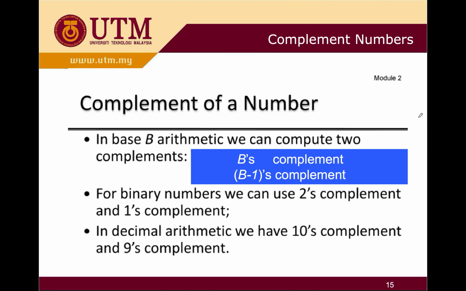So this is under complements of a number in base B, whether it is base 2, base 10, and etc. We can compute the complement. So what is the complement? It is the first complement and also the second complement.